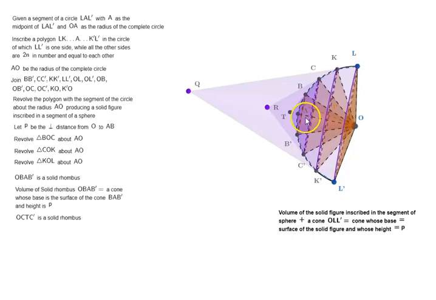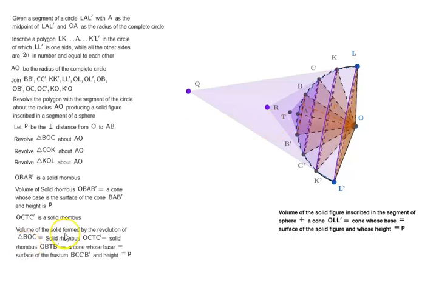Then we end up with these double cones. And again, volume of the solid formed by the revolution of triangle BOC is equal to solid rhombus OCTC prime minus the solid rhombus OBTB prime.